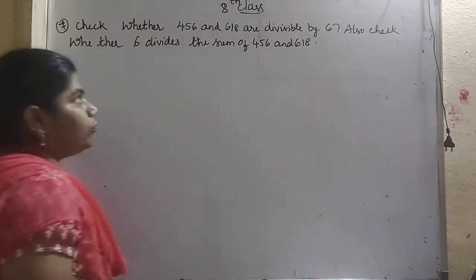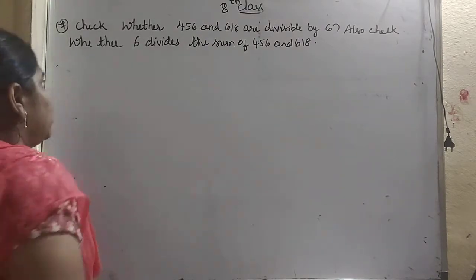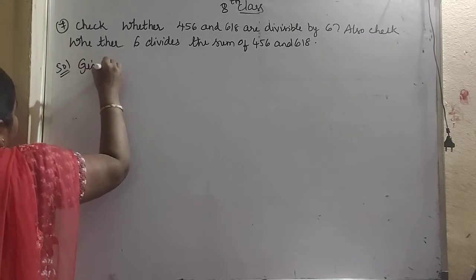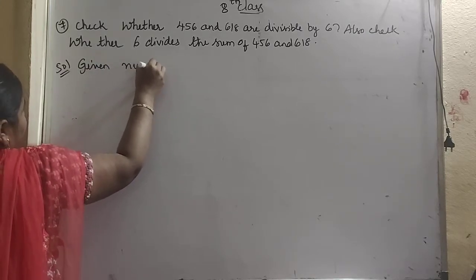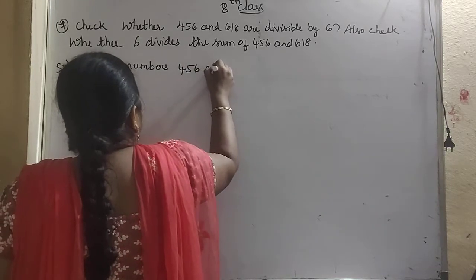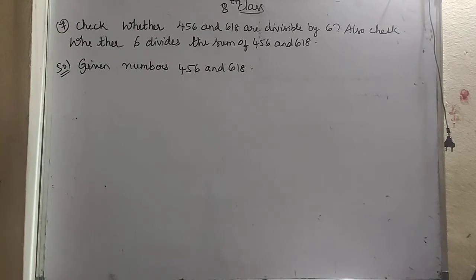First we have to check individually whether 6 divides these two values or not. The given numbers are 456 and 618. We have to check whether these two numbers are divisible by 6 or not.